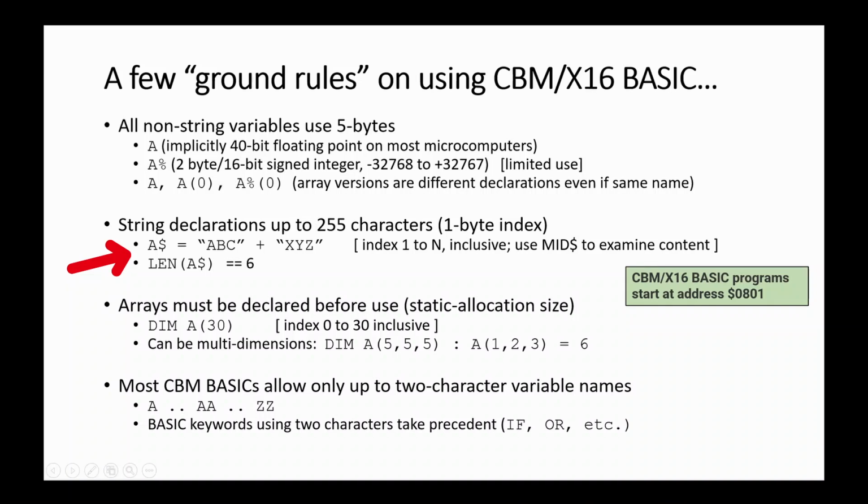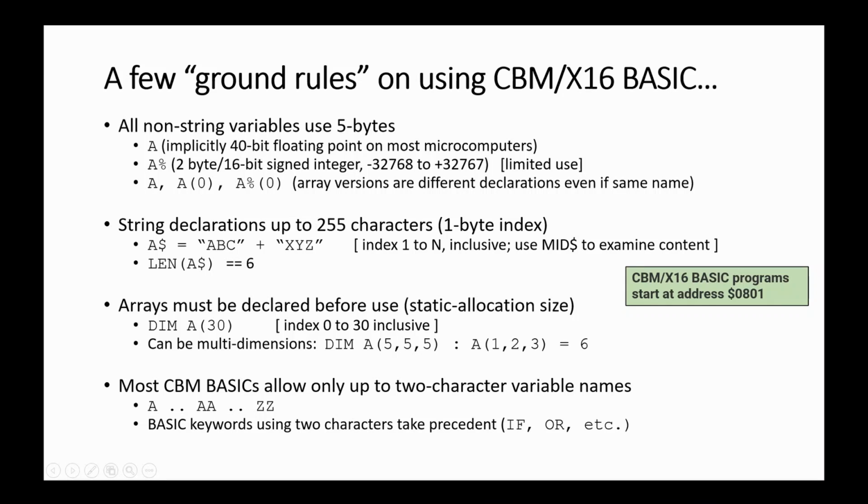When you access or view the contents of a string, it goes 1 to the length of that string inclusive. You use this keyword MID$ to get portions of the string. So if you just need the first character, you would call MID$ with the string that you want, and then 1, 1 to get the first character. If you need to know the length of a string, that's the keyword that you use.